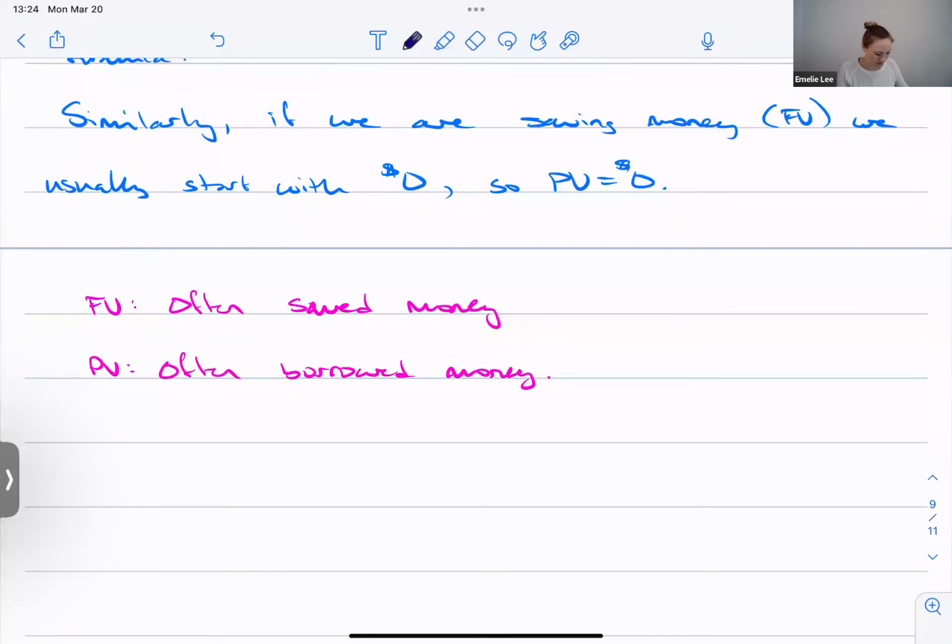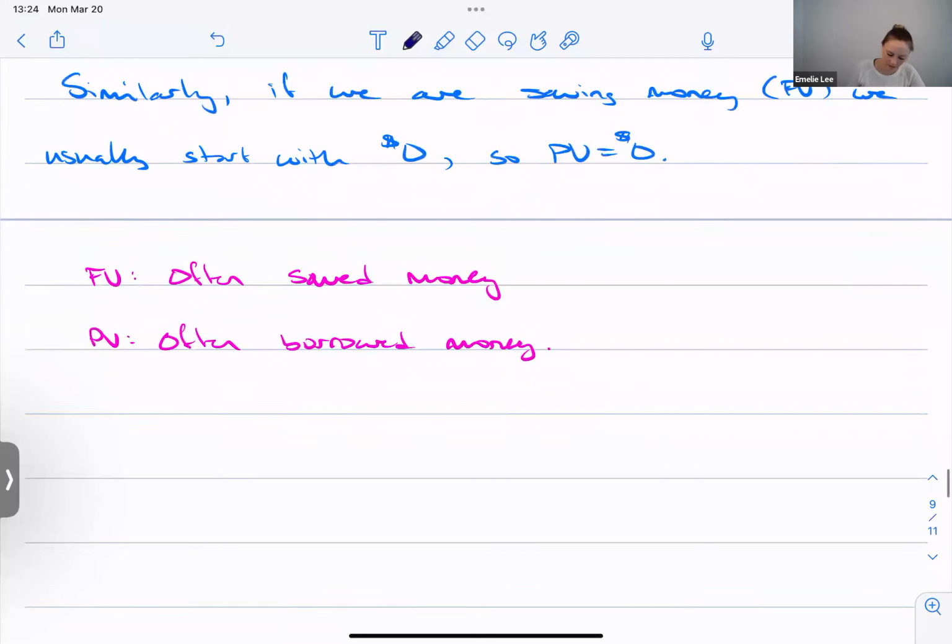Let's see here. What if we have to calculate the number of payments? So that's going to be N. How long is it going to take me to pay this off? All right.